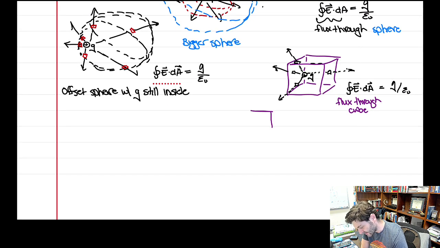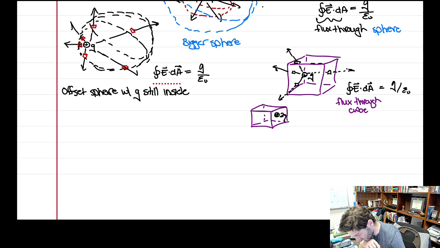Right. Now let's take the same cube, but there's going to be 2 charges in here. There's one here that is equal to 2Q. That's a positive.